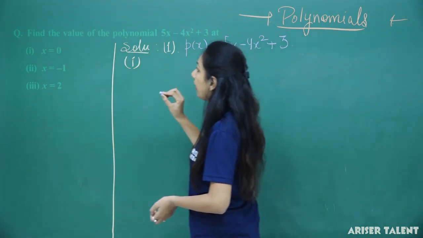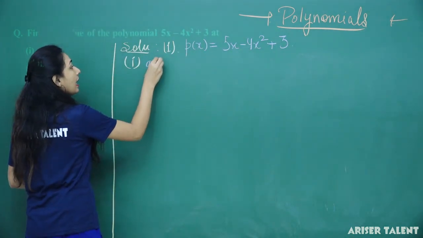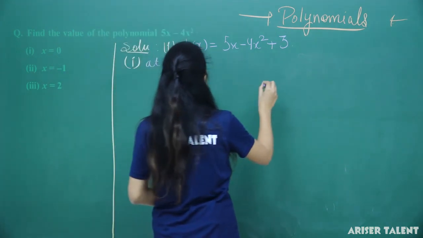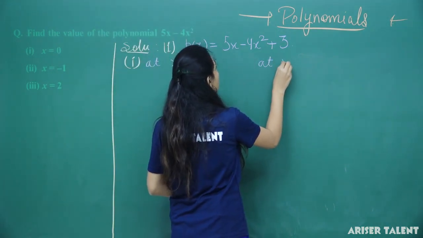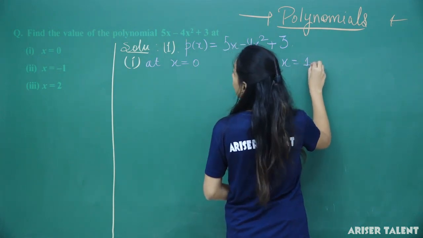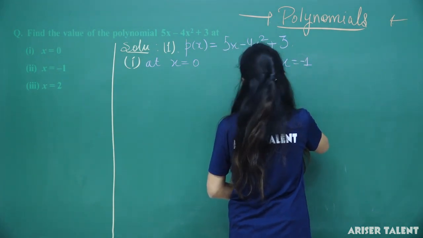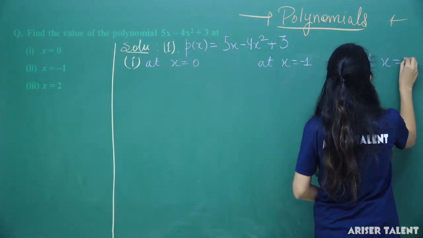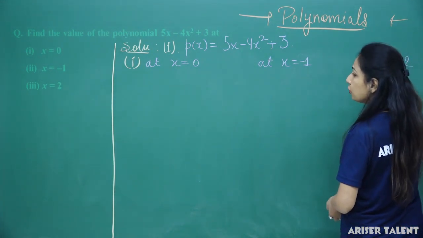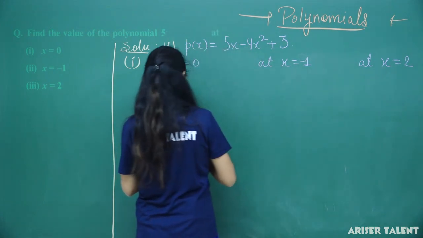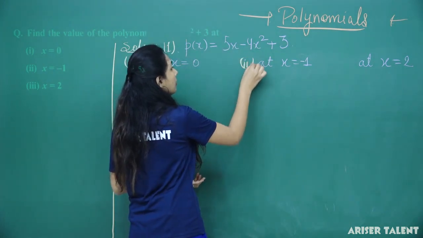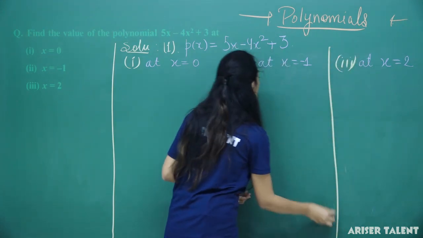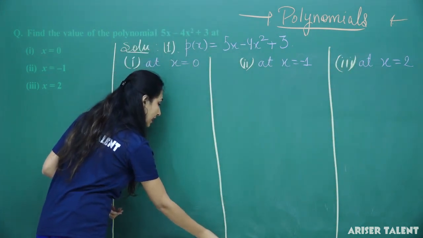Now we have to find the value at x equals to 0, at x equals to minus 1, and x equals to 2. So these are the 3 parts of that particular question. We will do that one by one.